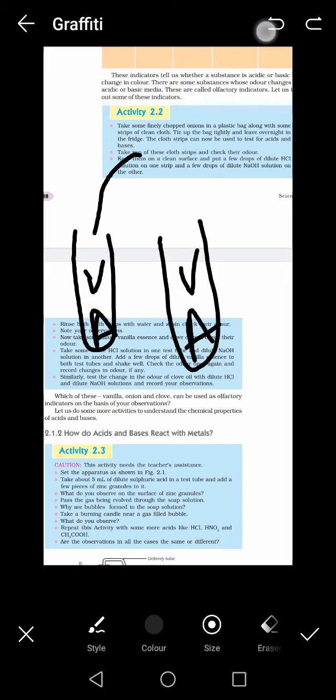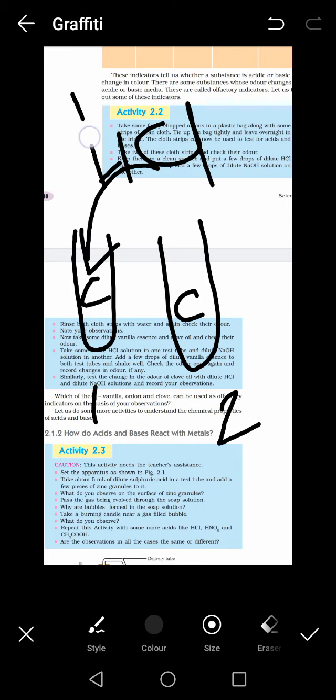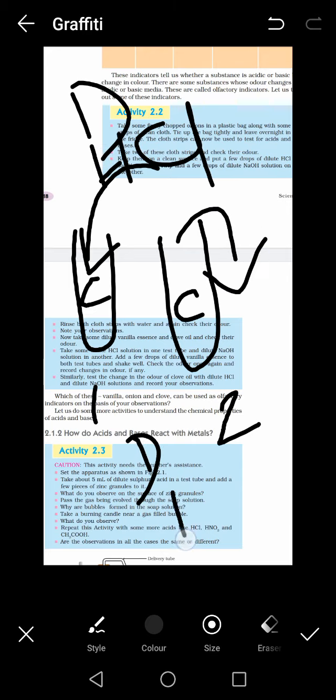Then take some clove oil in test tube 1 and test tube 2. Add some dilute HCl to the first test tube and some dilute NaOH to the second test tube. What will we observe?